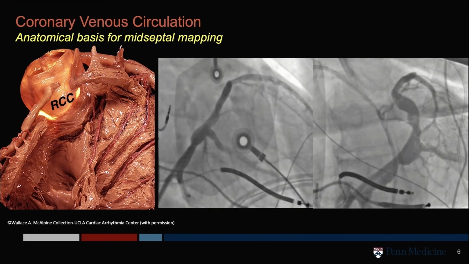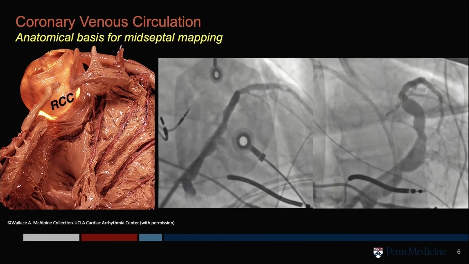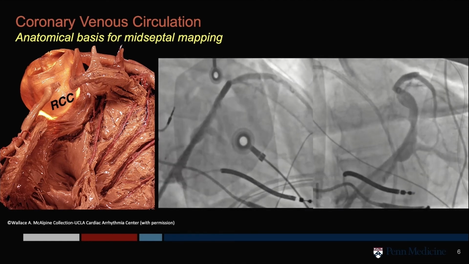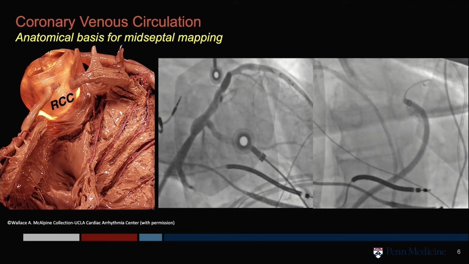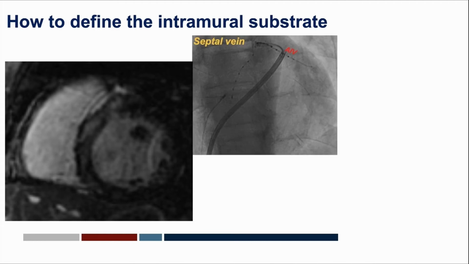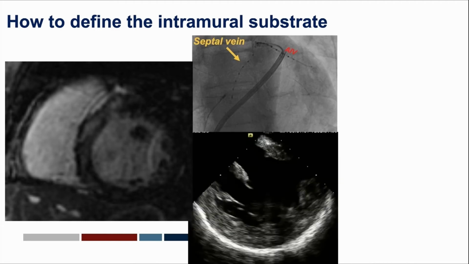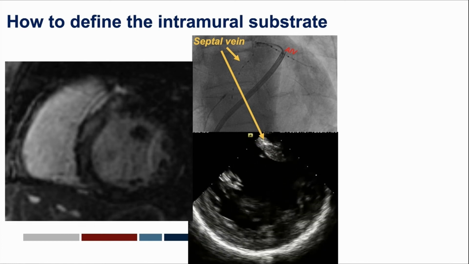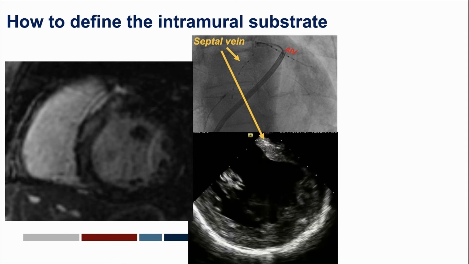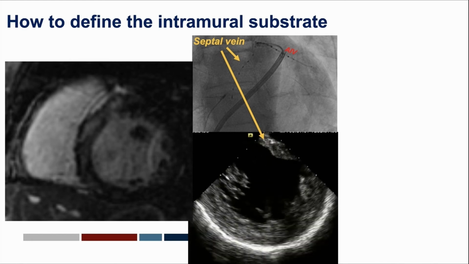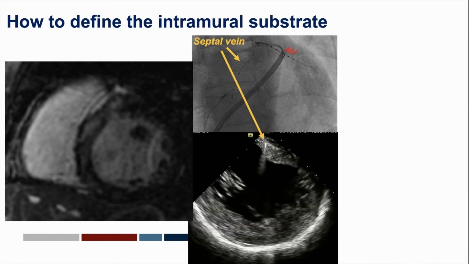You can see here the septal perforators that drain into the AIV, the so-called septal veins that go down into the septum, in the RAO and LAO. By doing that, we have been able to place catheters, and this image is a correlation of a patient that has a very abnormal delayed enhancement in the septum, in which we have placed, through cannulation of the first septal perforator, a multipolar, octapolar small catheter in the septum.